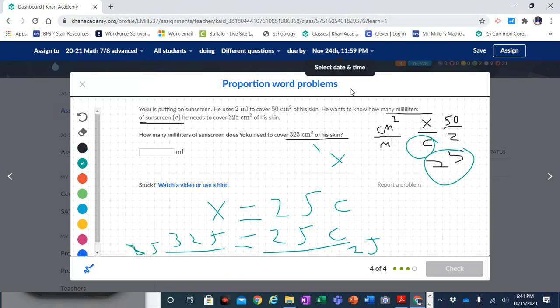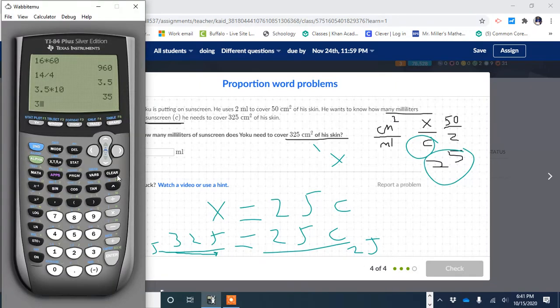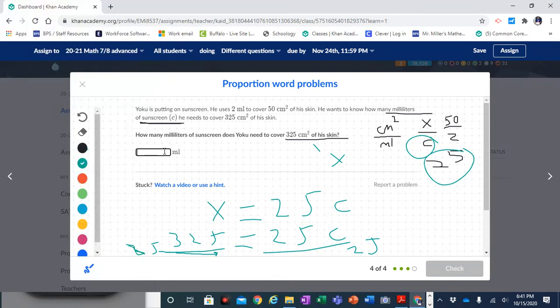So we need to do 325 divided by 25. That would go down there. I ran out of space. So going to here, 325 divided by 25, we get 13.